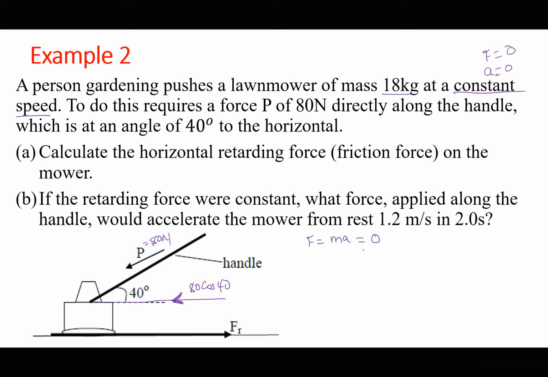So the resultant force is supposed to be 80 cos of 40 minus the frictional force. And because F is 0, it means the frictional force is going to be 80 cos of 40. When I press my calculator here, 80 cos of 40 would give us 61 newtons.